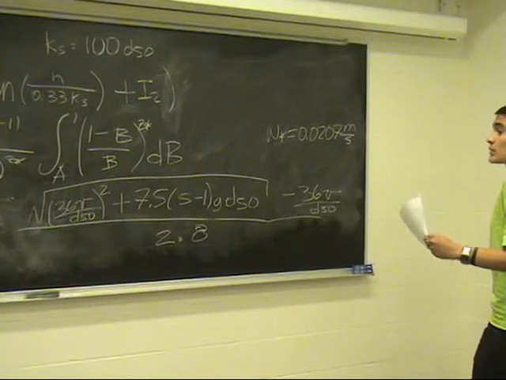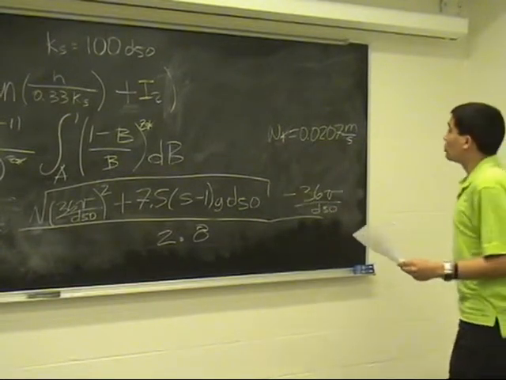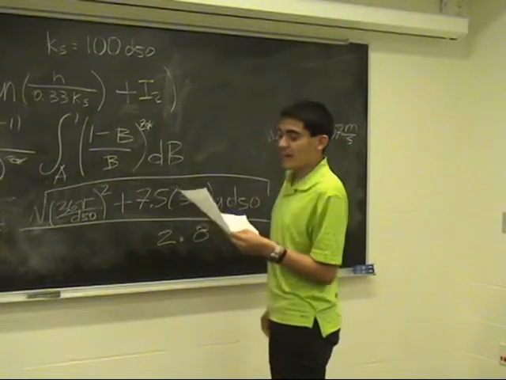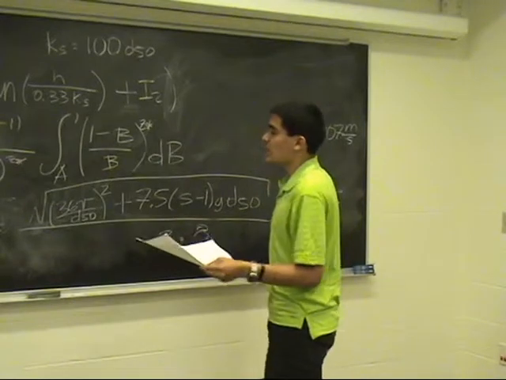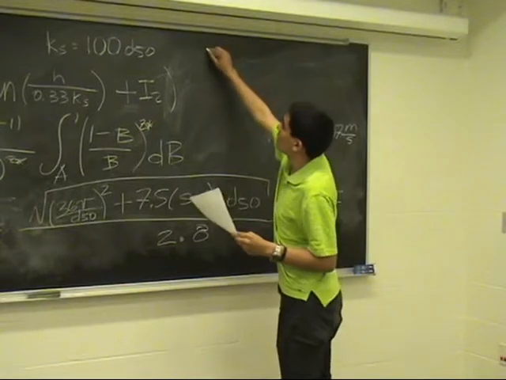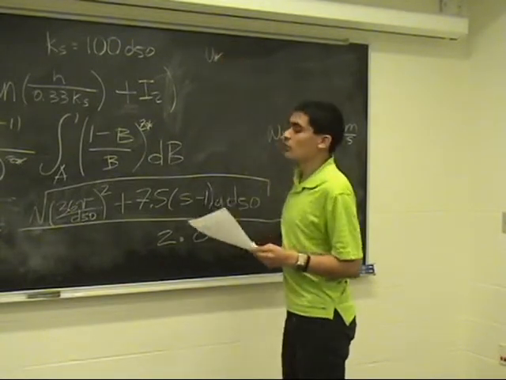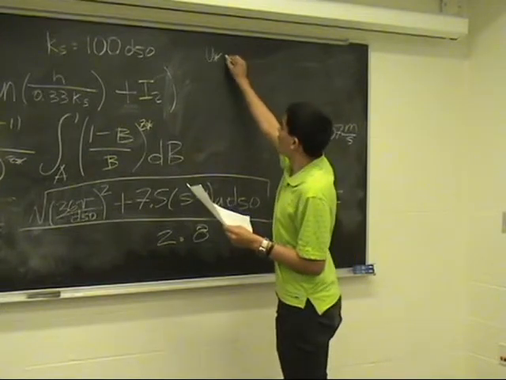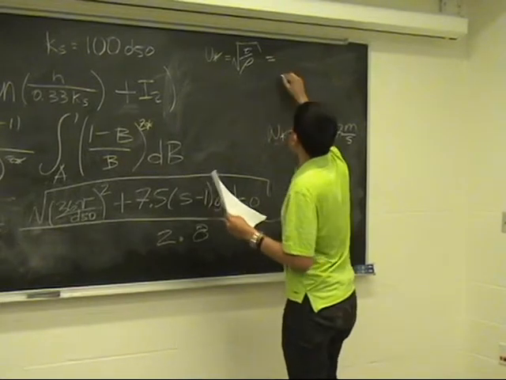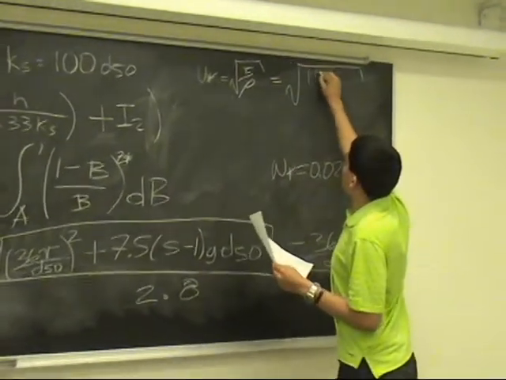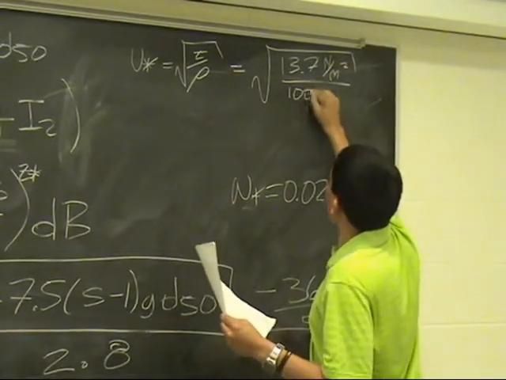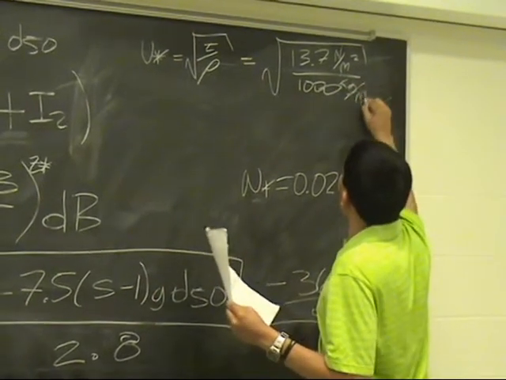With this, now the next step is to calculate U star. We have actually not calculated U star. We have calculated the U star for effective conditions, but for this formula we need the U star for total stress conditions. So U star is basically the square root of tau over rho, which is the square root of 13.7 newtons per meter squared divided by 1,000 kilograms per meter cubed.